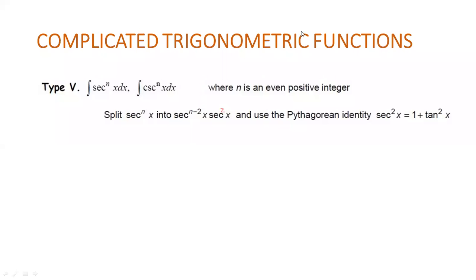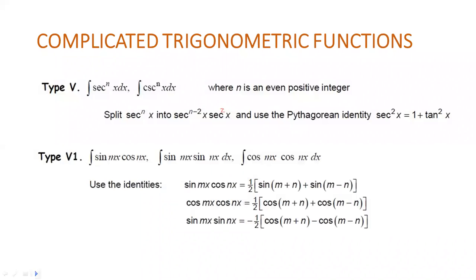Okay, now we go to the next. Now we have type 6. Now, notice this is not anymore exponent m and n that we're talking about for the pair of the sine and the cosine. But rather, the arguments of the cosine and the sine have these particular constants being multiplied to the variable x.